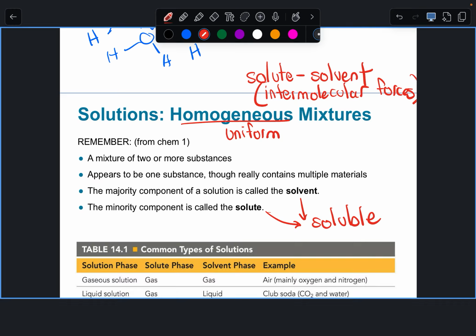What we're going to talk about mostly today is how the strength of those interactions determines whether or not the thing will mix. Does the solute and solvent, when it comes together, have a good, strong force that holds them together? Or is it weak and something that makes them want to separate from each other?